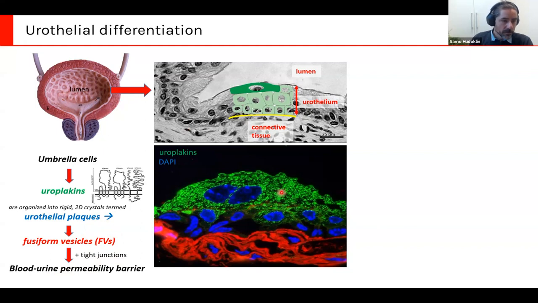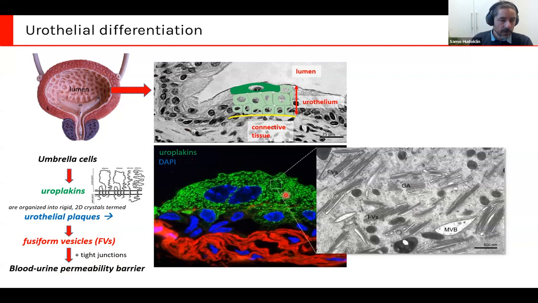If we want to see those fusiform vesicles, we have to go to the level of transmission electron microscopy. And fusiform vesicles are very much flattened vesicles. You can find them individually or in stacks, which quite resemble the Golgi apparatus, right?